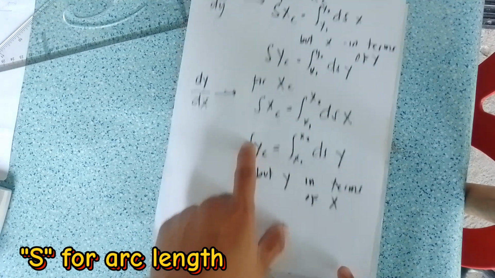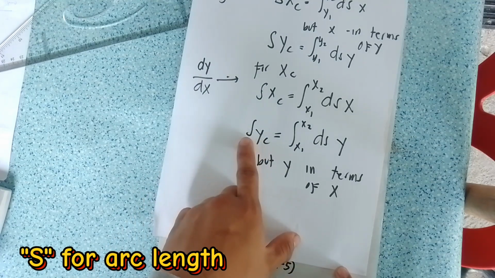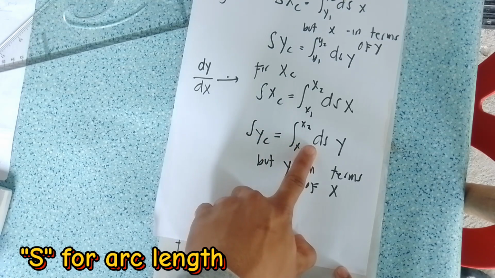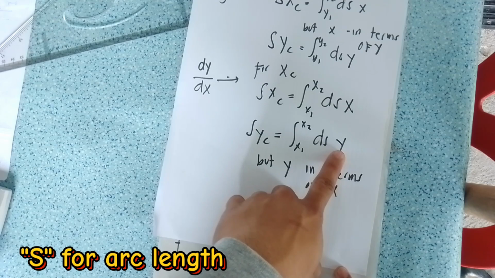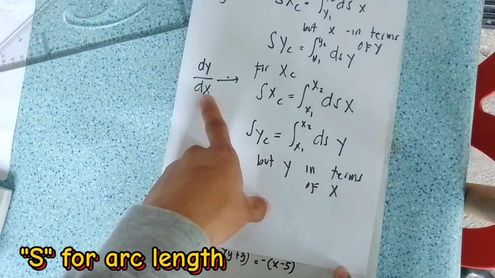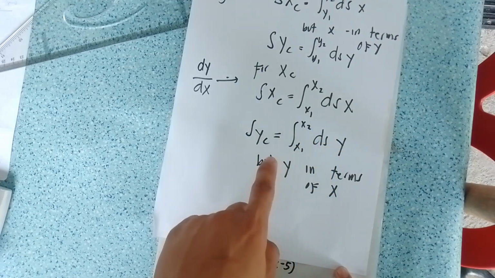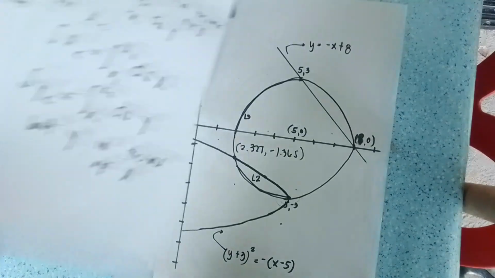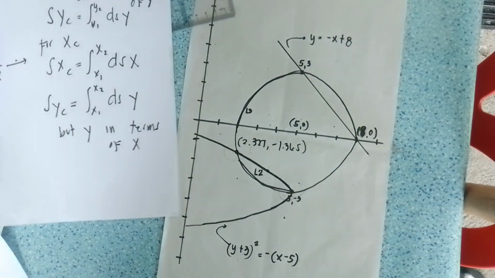But for example, again, for y centroid, since we're dealing with dx, your y centroid times the arc length is equal to the integral of ds with limits x1 up to x2 times the multiplier y. If you notice, this one is opposite sa denominator, which is nag-opposite man sa limits. Therefore, this y should be in terms of x. So to further maintindihan nyo ra, let's take the example natin kaya na.